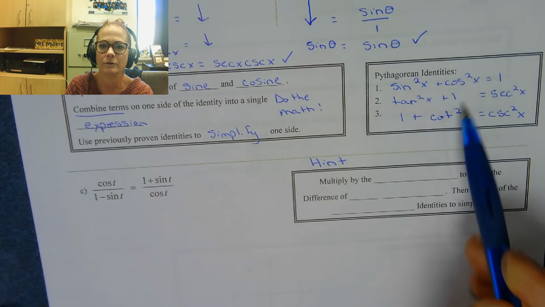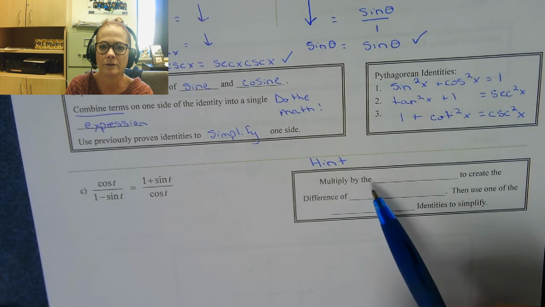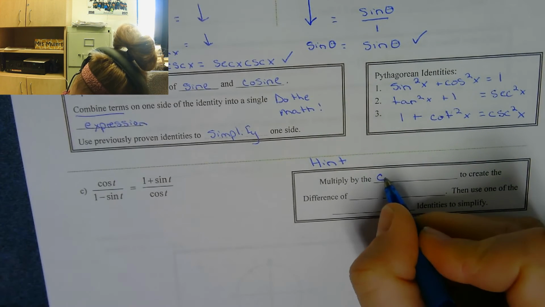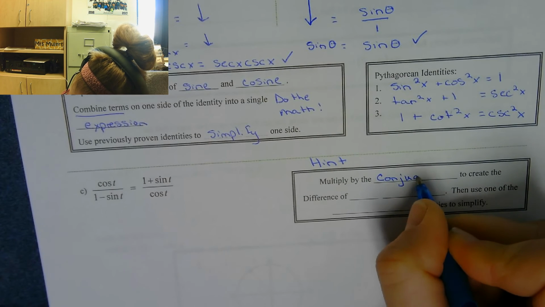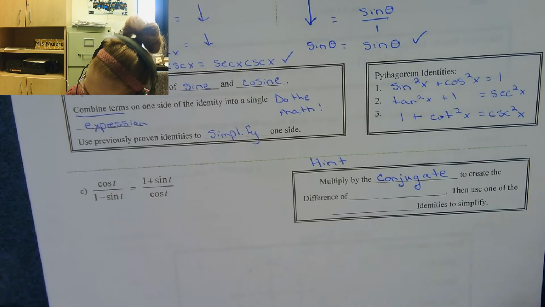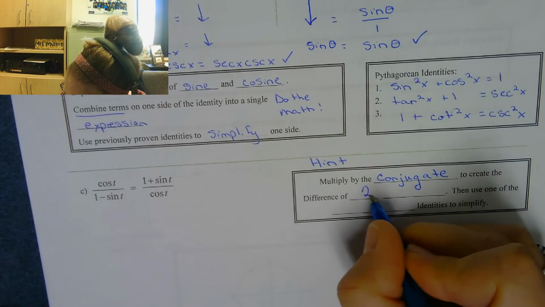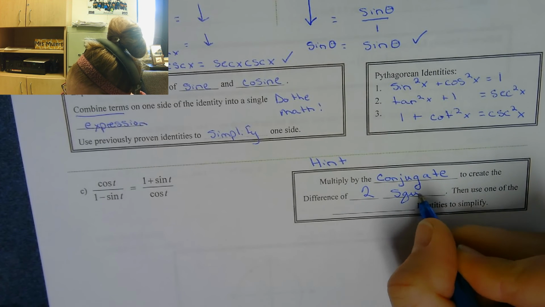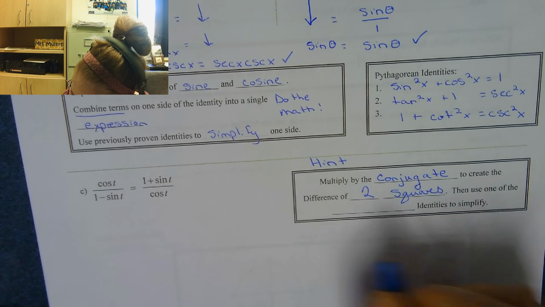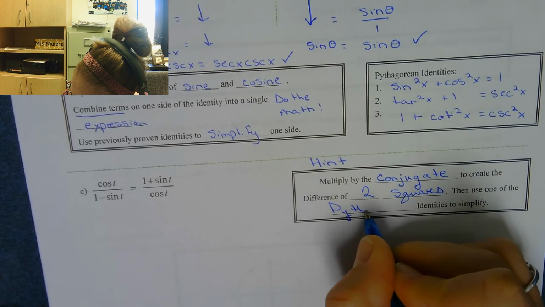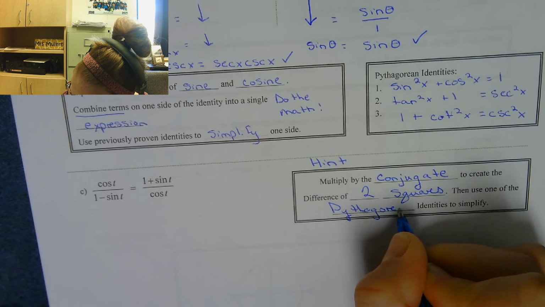These are very helpful. So if you multiply by the conjugate, and to create a difference of two squares, then you can use your Pythagorean identities.